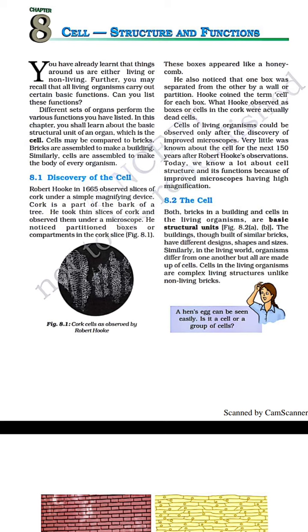We have to see the thinnest part of the organ so that we can identify the cells. So in the first experiment of Robert Hooke for the cell, he took the part of a bark from the tree, which we said was cork. He took thin slices of cork and tried to observe them with the help of a magnifying device or a microscope. But at that time, the microscopes were not of high magnification.